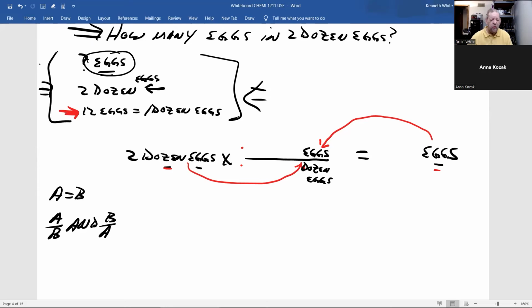And here, notice 1 dozen eggs equals 12 eggs. So 1 dozen eggs equals 12 eggs, or 12 eggs equals 1 dozen, which would be one of these 2 ratios.